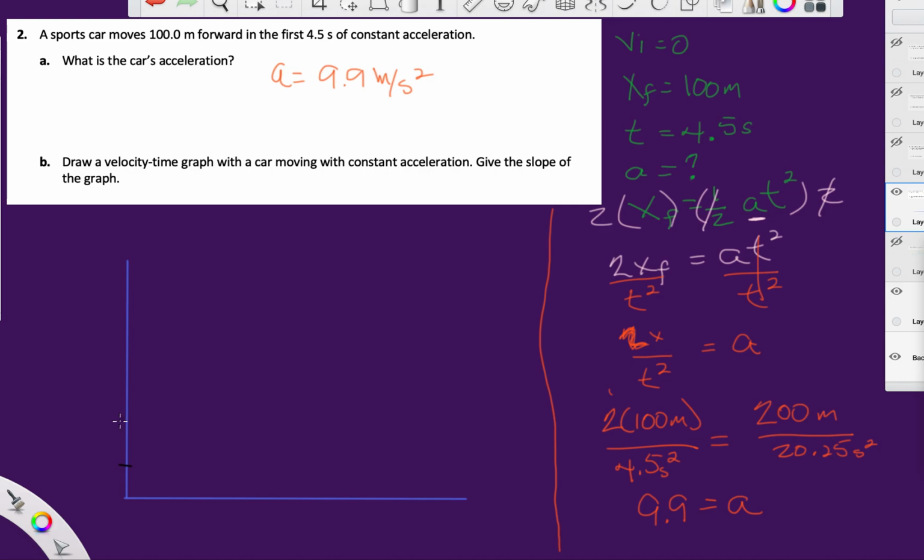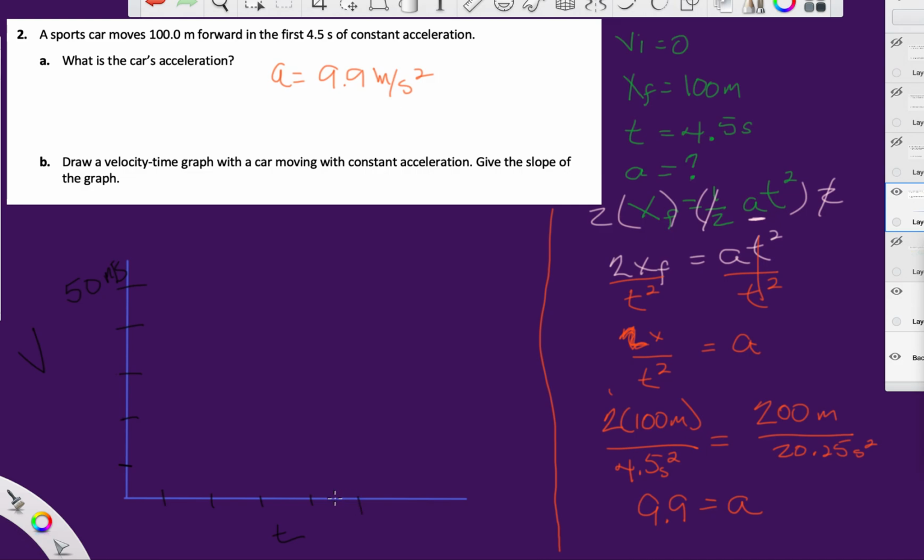This is 10 meters, 20 meters, 30 meters, 40 meters, let's say 50 meters a second, because we're looking at a velocity time graph, so V and T. Then we're going to say 1 second, 2 seconds, 3 seconds, 4 seconds, and 5 seconds.